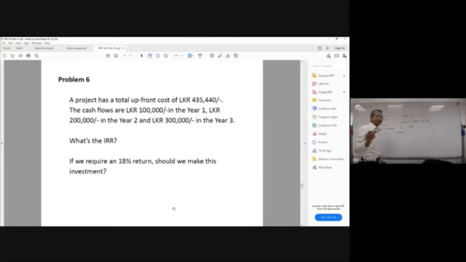Okay, 5% means 0.05. This to the power 1. We don't normally write power 1. Then 1 plus 0.05 to the power 2. 1 plus 0.05 to the power 3.